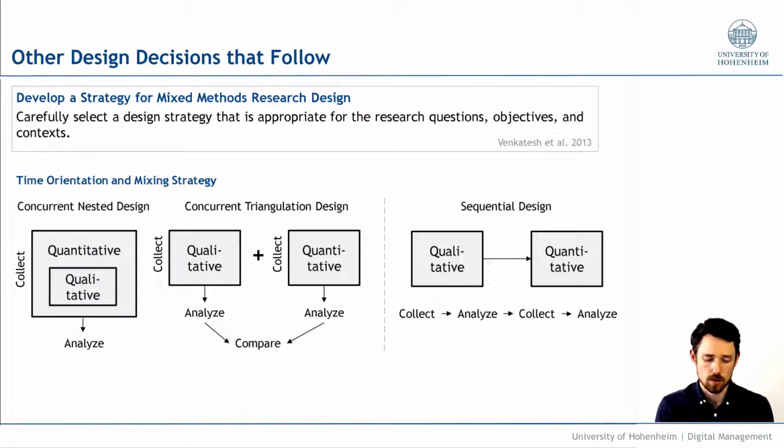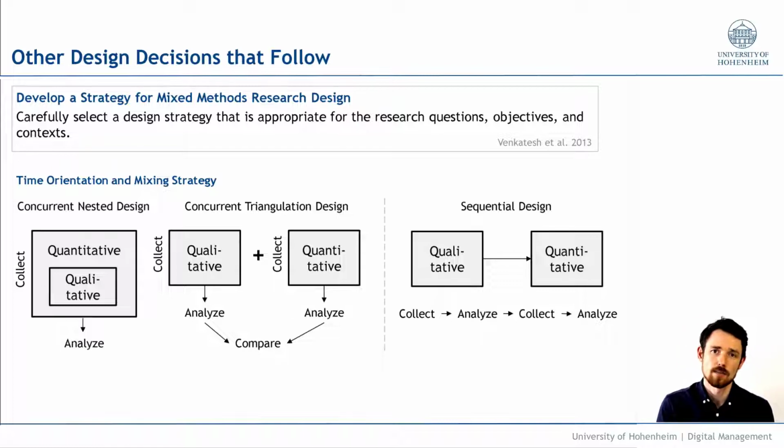One option could be a concurrent nested design. That basically means you do it at the same time. You ask both the quantitative and the qualitative questions at the same time. So, for example, you could have a questionnaire that contains both quantitative questions with a Likert scale and qualitative open-ended questions.